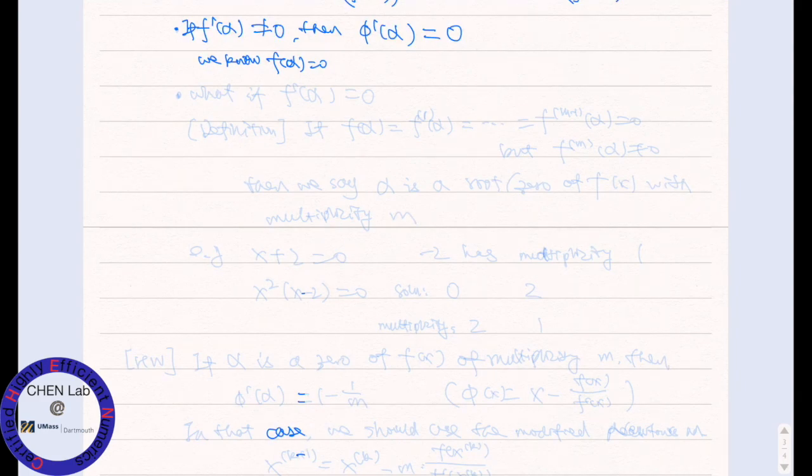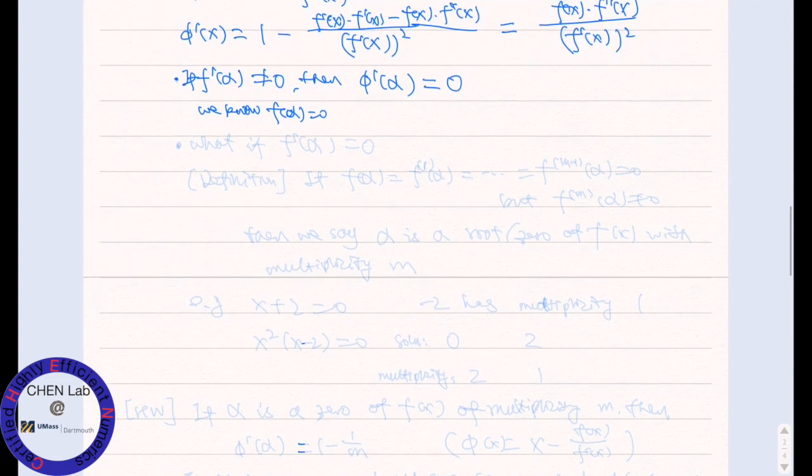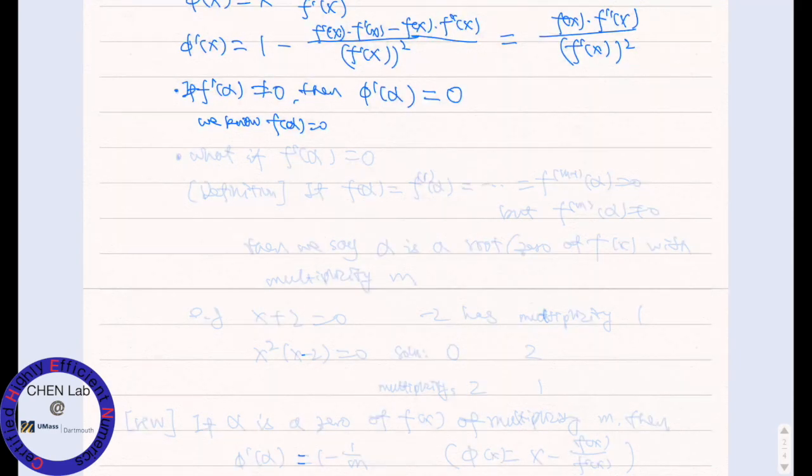Remember, we concluded the derivative of phi is bounded by the capital K, and K to the power of little k, the smaller it is, the faster the convergence. Now it is 0. Of course, it's just 0 at that one point. It's not going to be 0 in the neighborhood.